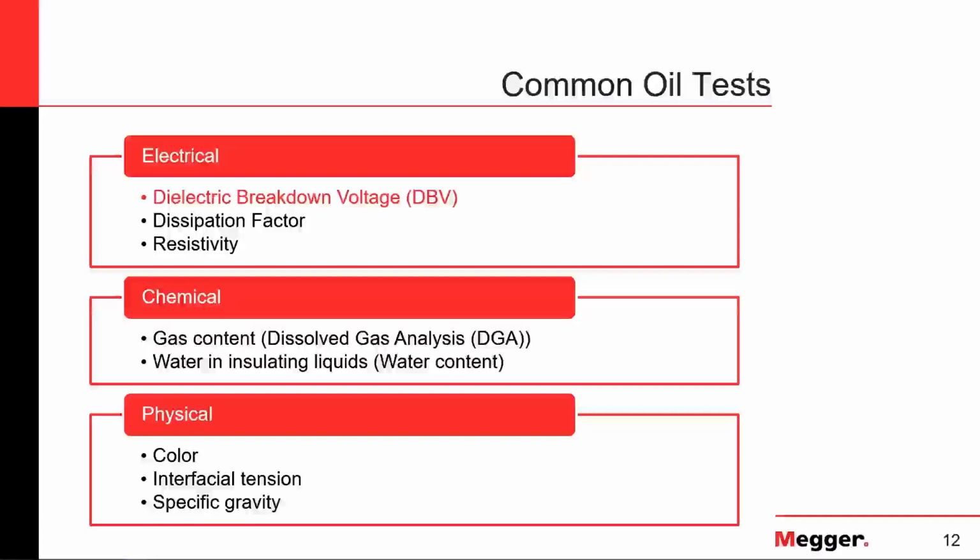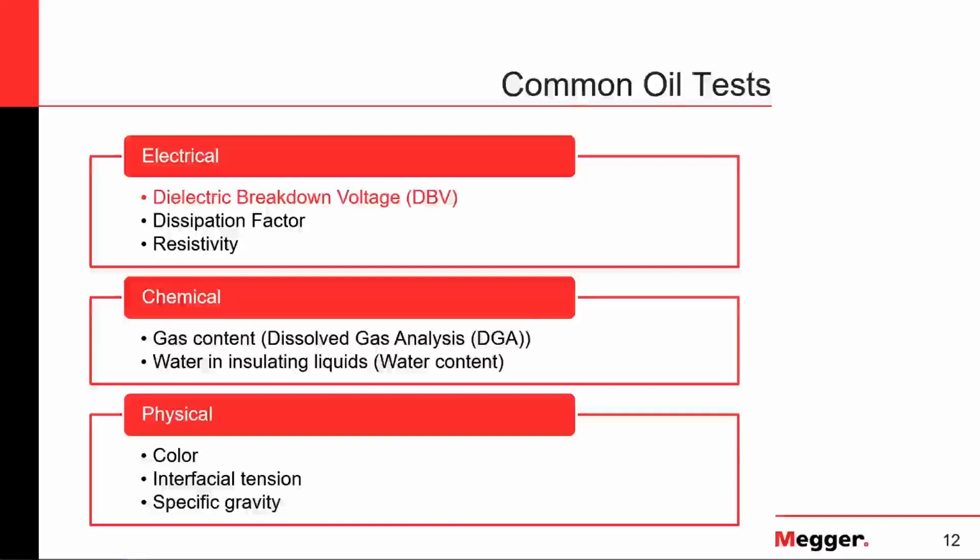And just as a reference, I wanted to show what other types of common oil tests are performed. In the electrical part, you have dissipation factor, for example, and resistivity. In the chemical, a very commonly used one is DGA, or dissolved gas analysis, to verify the dissolved gas content in the oil, and the moisture or water content.